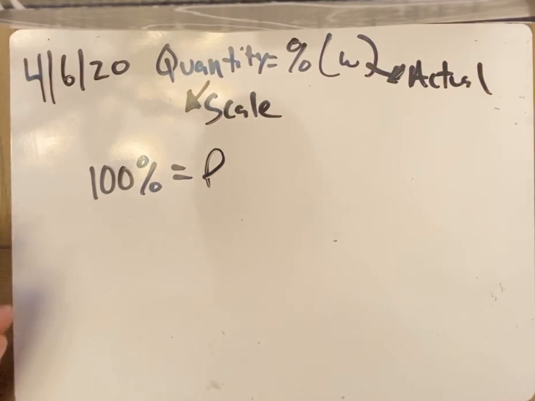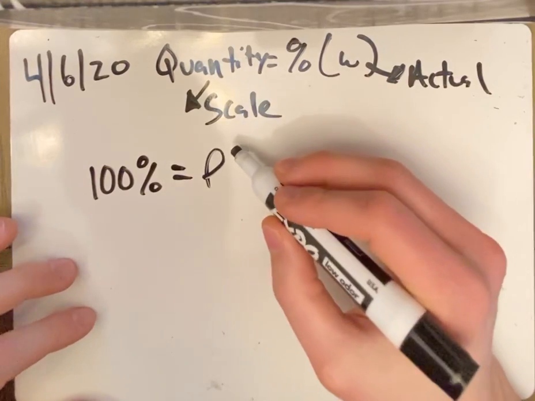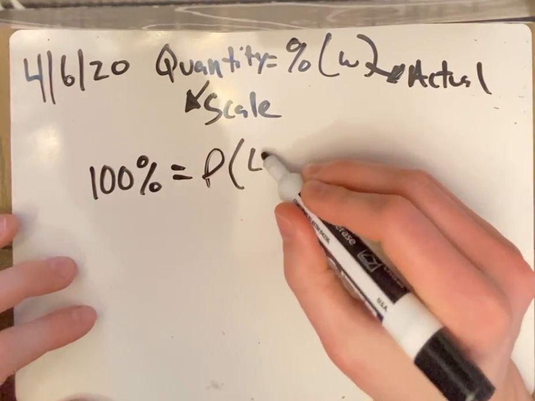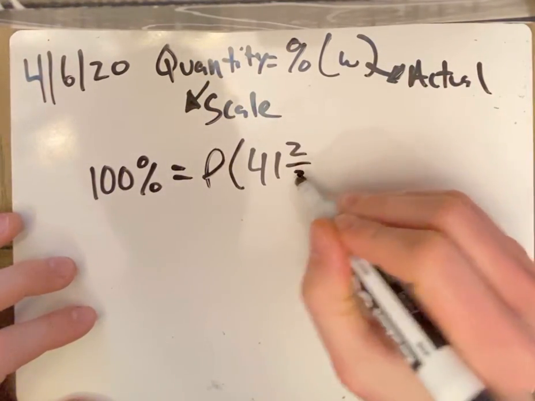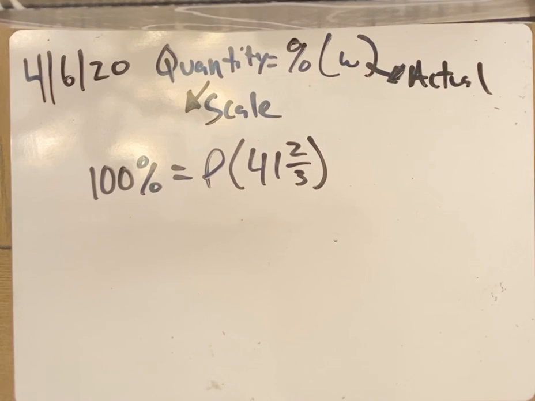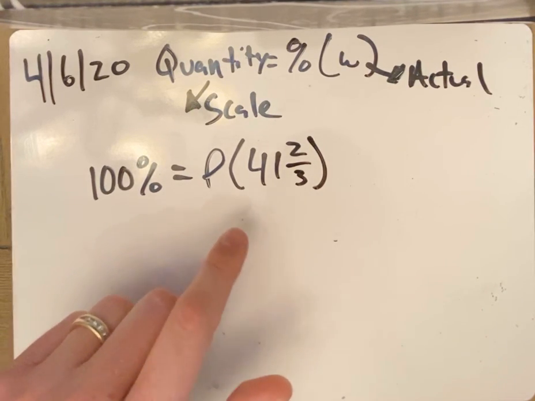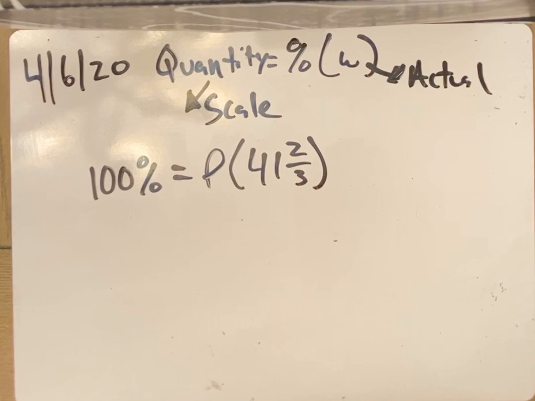Let's check it out. We know it's 100% equals percent times 41 2/3. What I want to do is get rid of this 41 2/3.